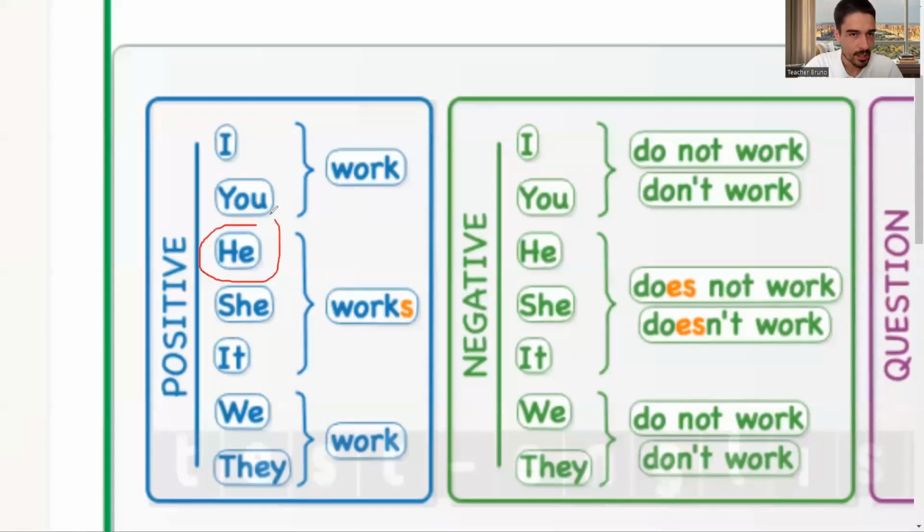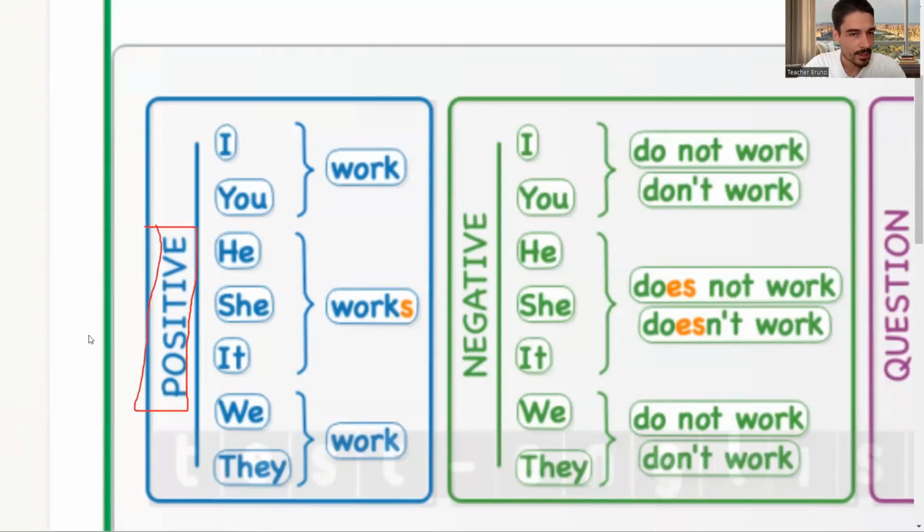He works. She works. And it works. So we need this extra s in the third person. It only happens in the positive.